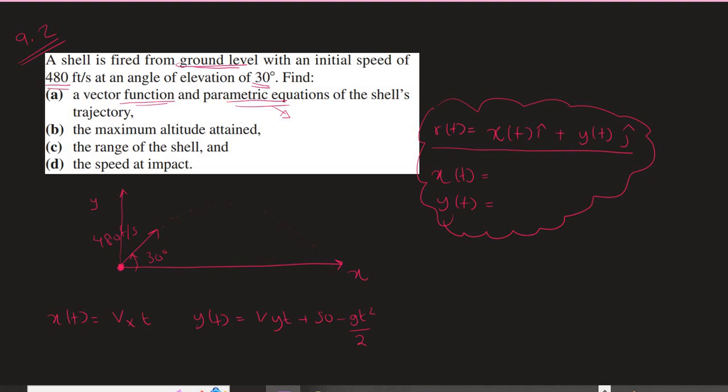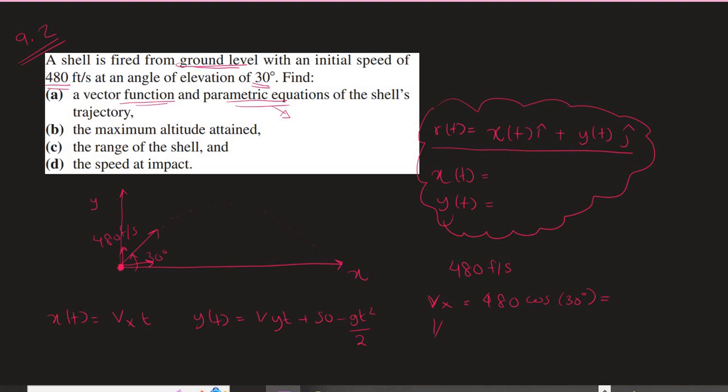And what is vx and vy? In projectile motion the initial speed given to us is 480 feet per second. To find vx, the velocity in the x direction, we do 480 cos of the angle, and here the angle is 30 degrees, so 480 cos 30.